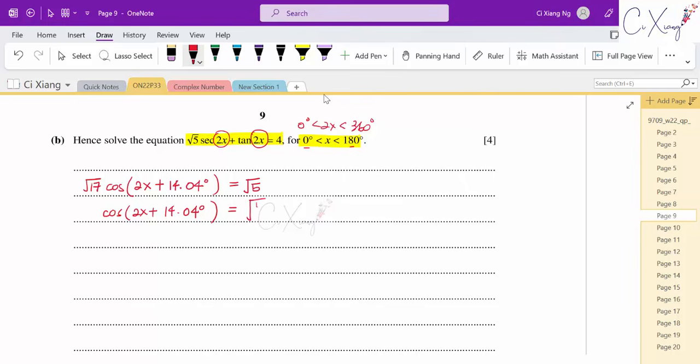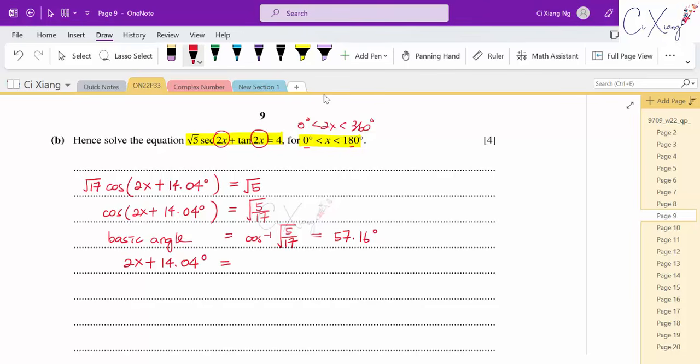I have square root 5 over square root 17, and I want to get the basic angle first. To get the basic angle, we take cos inverse of square root 5 over square root 17. So what do I have from here? Our basic angle is actually 57.16.